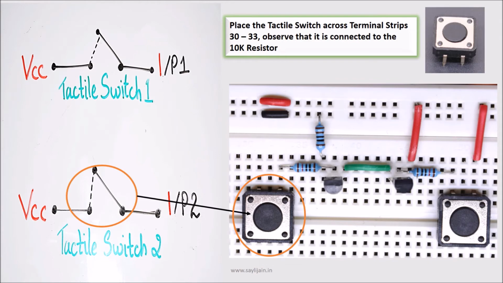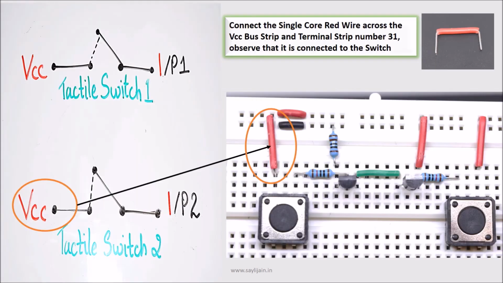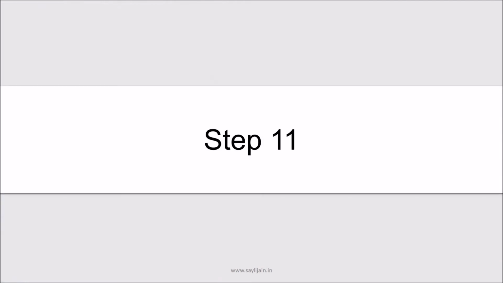And now placing the second switch, or the second input, across the terminal strips 30 to 33 and again connecting it to the logic high using the red wire which I have placed across the bus strip to the terminal strip 31.